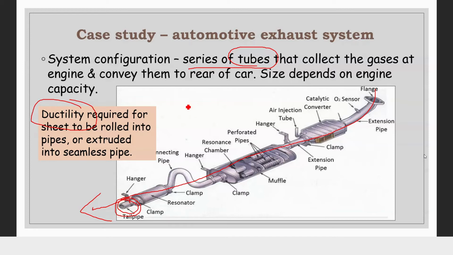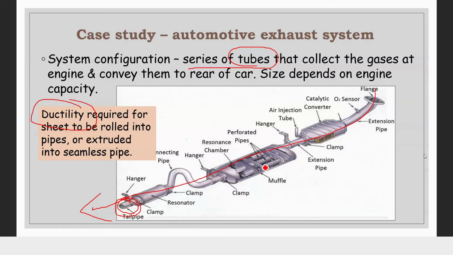Obviously, walaupun melalui function, kita tahu dia conduct gases away and the gases are at high temperature. So kalau kita consider high temperature, obviously kita can think of ceramic. Ceramic material very resistant to corrosion. Exhaust gases adalah toxic gases kan?